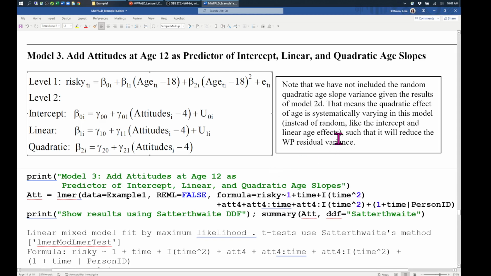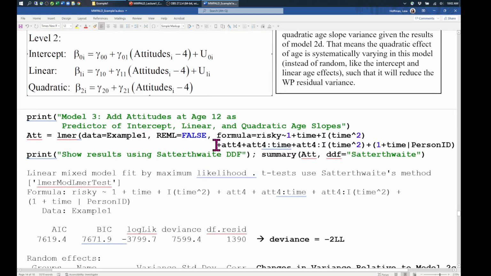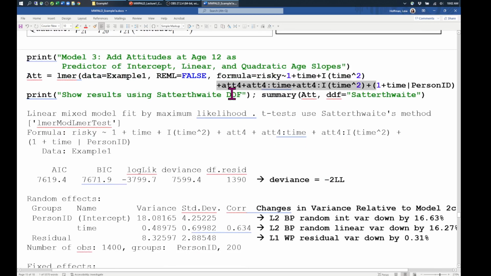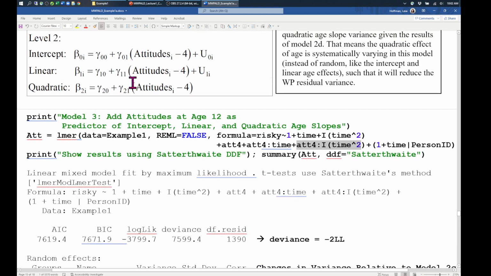I'm not sure that they do, but we can find out. So I have added these terms right here to the model. Main effect of attitudes, attitudes as a multiplier of time. So that's my attitudes by time interaction. And then attitudes by time squared interaction. So that corresponds to gamma 01, gamma 11, and gamma 21 respectively.